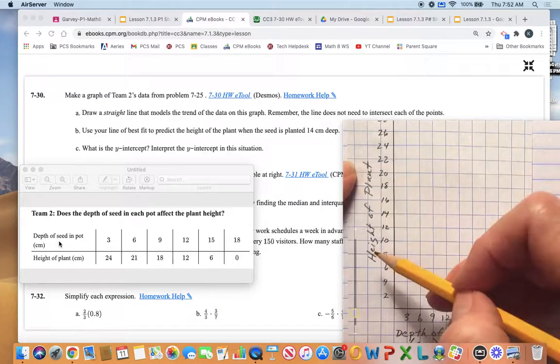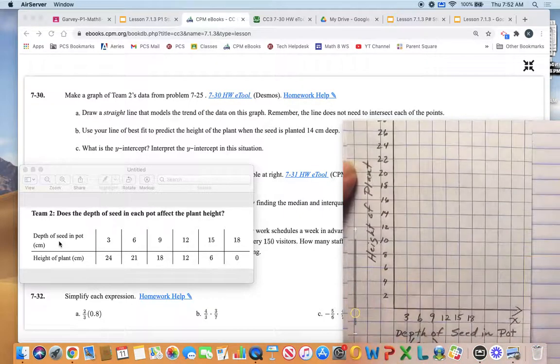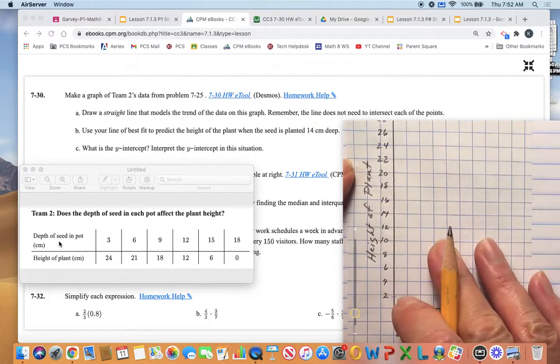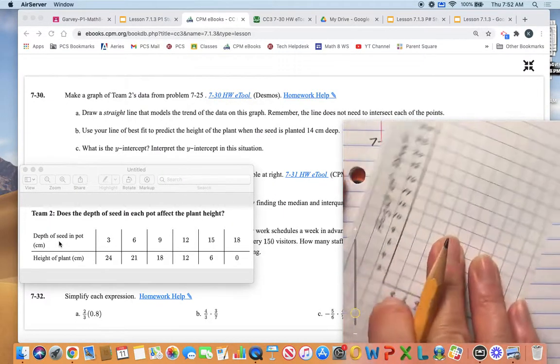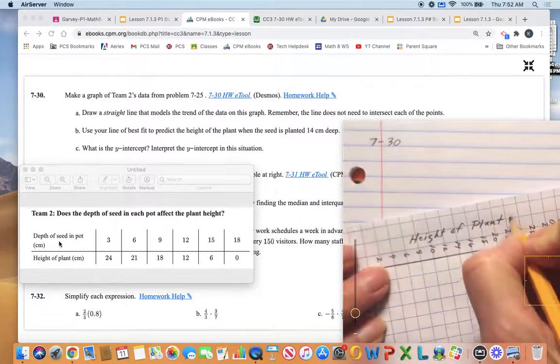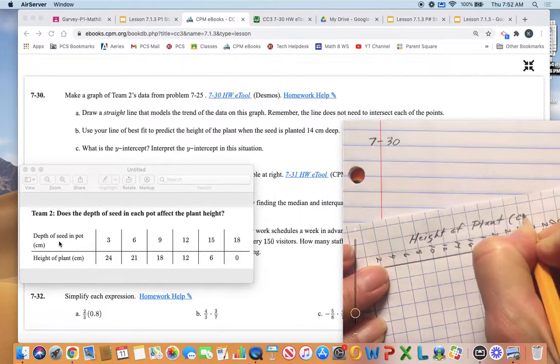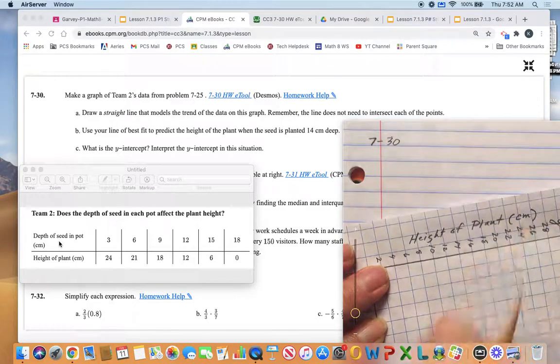All right, on our y-axis, I've made the marks so that each square is worth 2. And this is the height of the plant, and the height of the plant is also in centimeters.